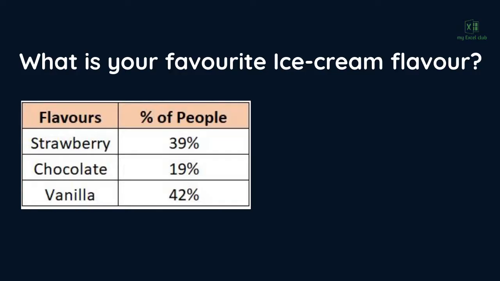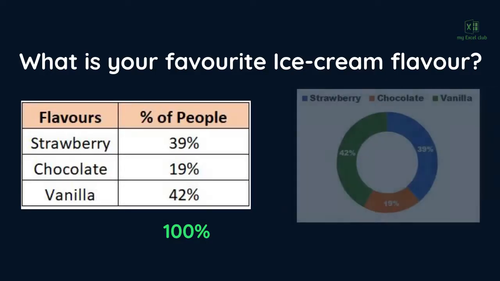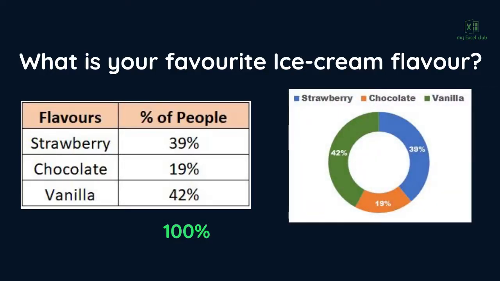So here we have only 3 categories. And if we take out the percentage, it adds up to 100%. So we can use donut charts here and it will look like this one. So my tip here is to use donut charts when you have limited categories, say 2 to 5, and they are not changing over time.